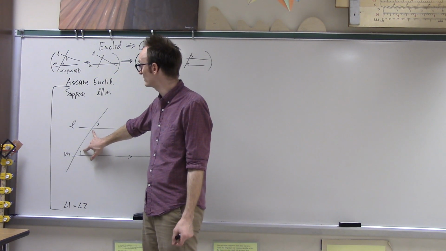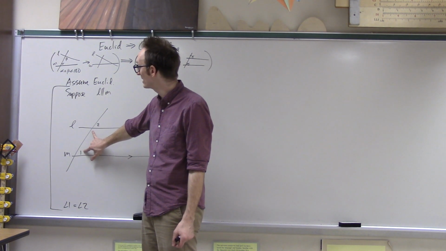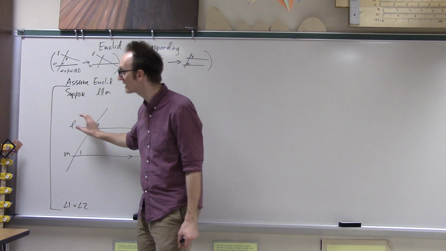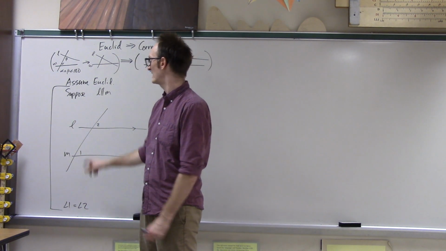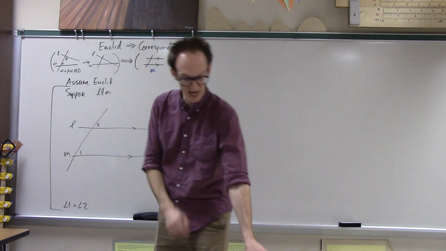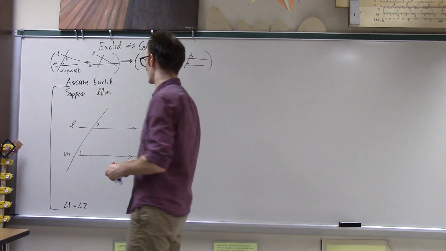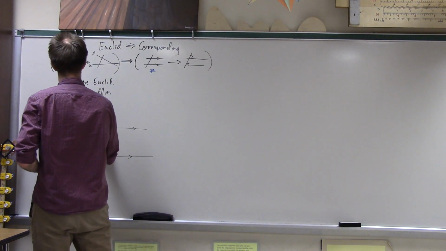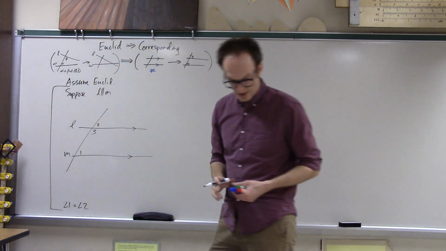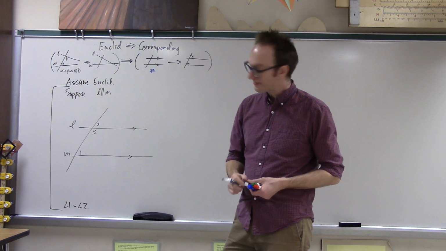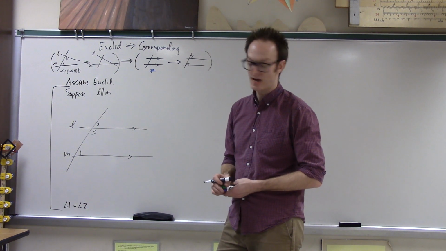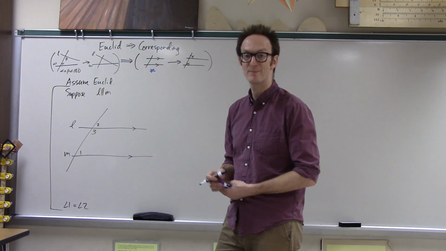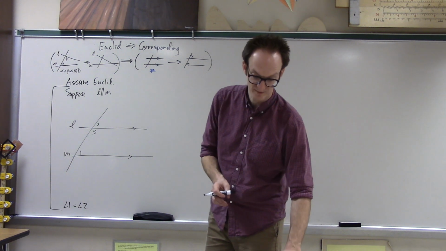So what about if these two were greater than 180? Well, if these two were greater than 180, then those two would be less than 180 and the lines would intersect on the other side. And so basically, the key is looking at this same side interior angle here. So I'm going to call this angle 3. And now I'm going to claim that 1 and 3 have to be 180 because they can't be more and they can't be less.